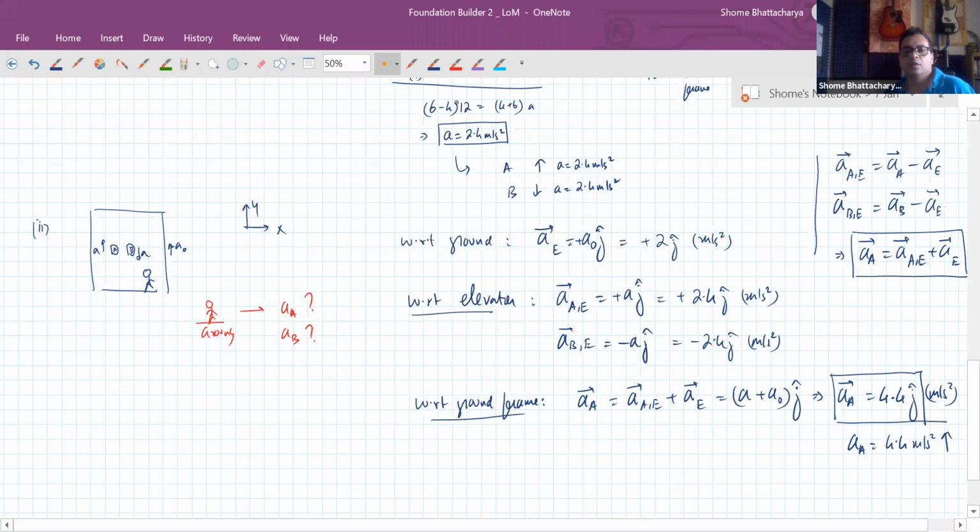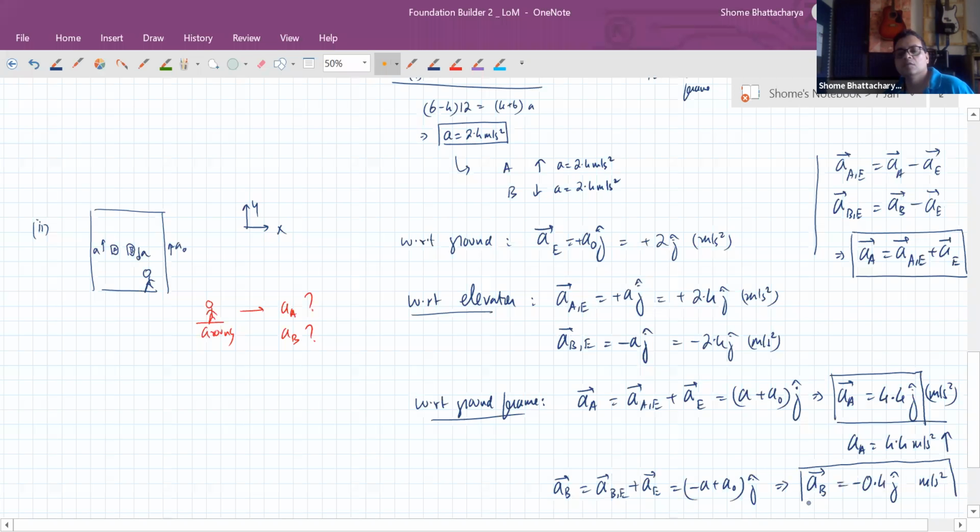And now likewise, the acceleration of B in the ground frame will be the acceleration of B with respect to the elevator plus the acceleration of the elevator. So this will be minus a plus a naught j cap. So the acceleration of B with respect to ground will in fact become minus 0.4 j cap in meters per second square.